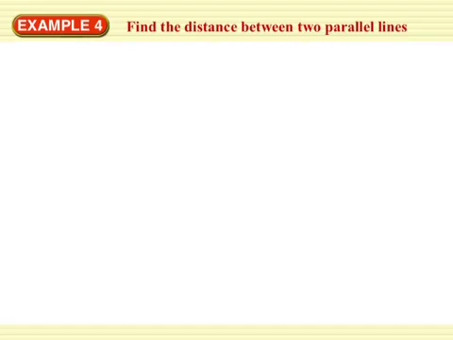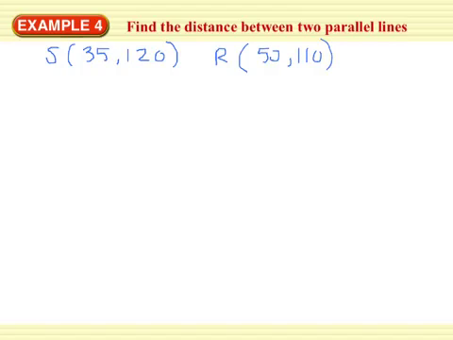Okay, let's put our points down. I have S, which is 35 and 120, and R, which is 50 and 110. Okay, we need to find the distance between these two points.